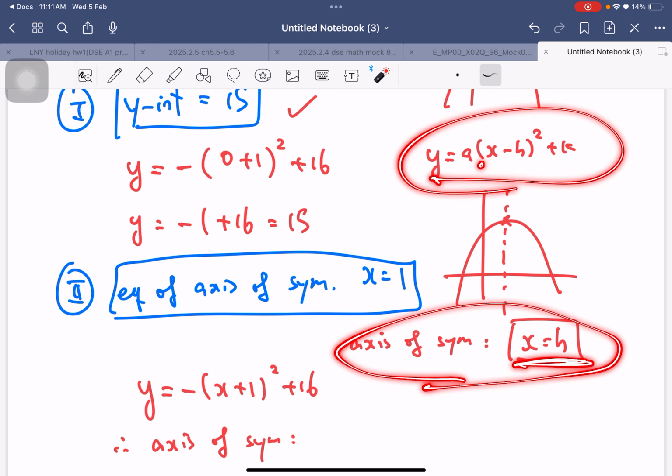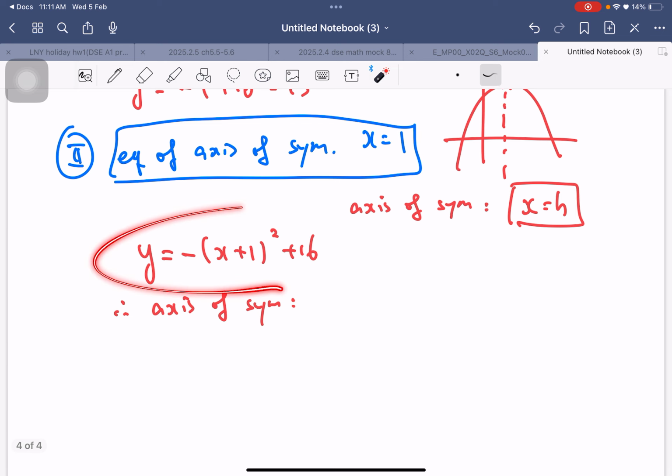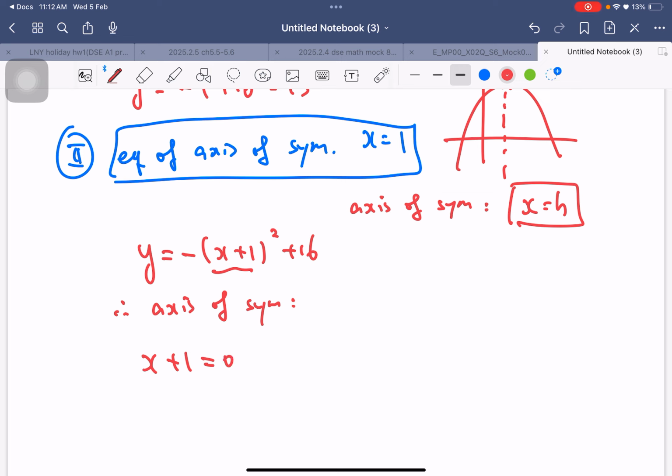When x minus h equals 0, then x is equal to h. So for this equation, what is the axis of symmetry? Negative 1, because you substitute x plus 1 equal to 0. So we have x is equal to negative 1. Is this the same as this one? No. So the second one is wrong.